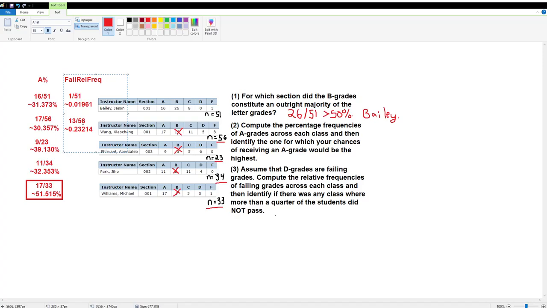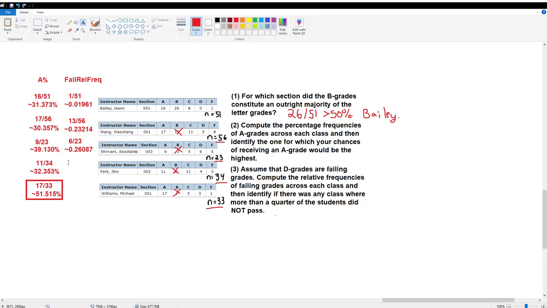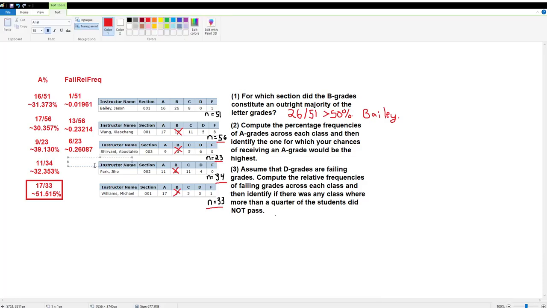For the next section we have here, we have 6 D's and no F's. So that's 6 out of 23, which comes out to be 0.26087. So there we have at least a quarter. Let's continue on to our next section.